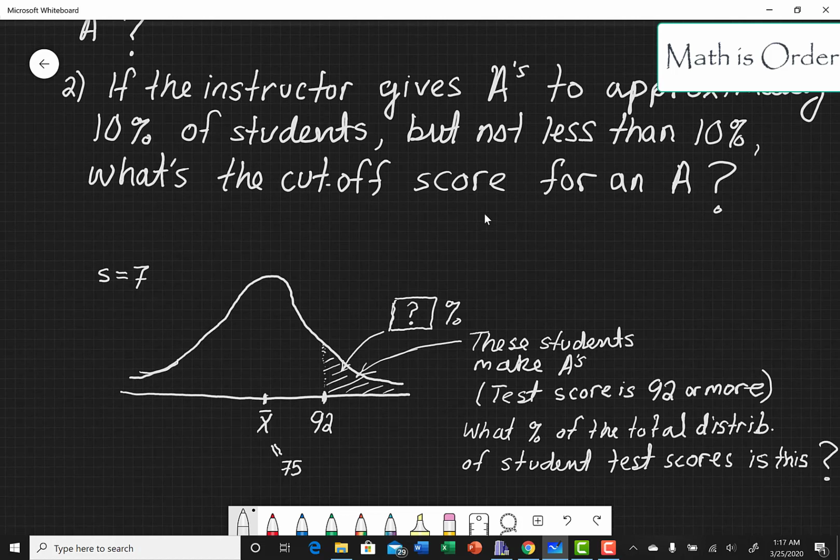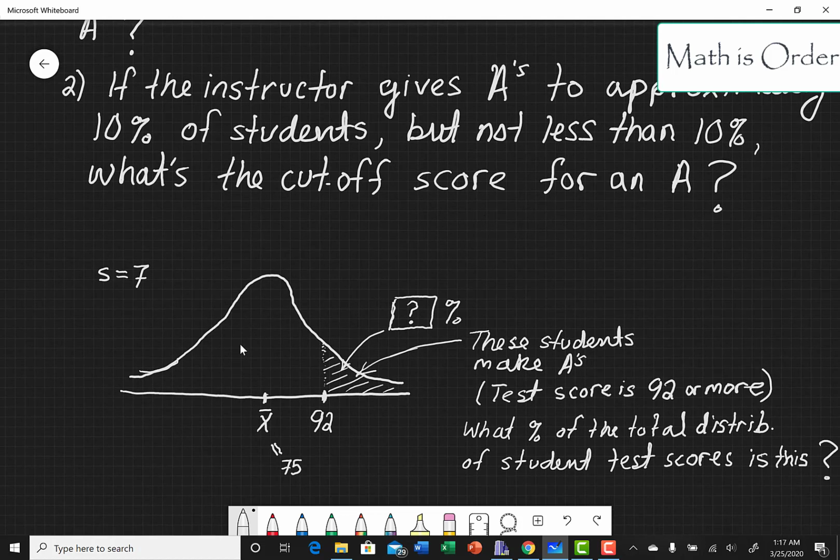So here's a picture for number one. We have a bell curve due to the word normal distribution, and the sample mean is at the center. I put the standard deviation, represented by S, and we're given a data value, which is 92.